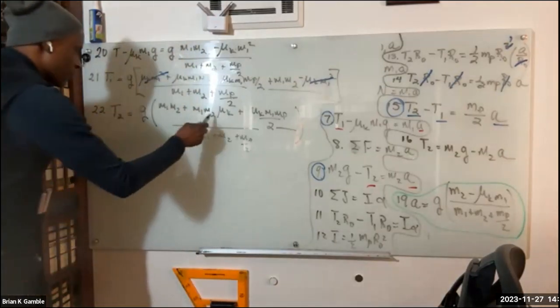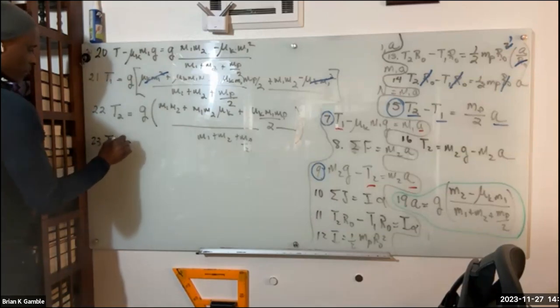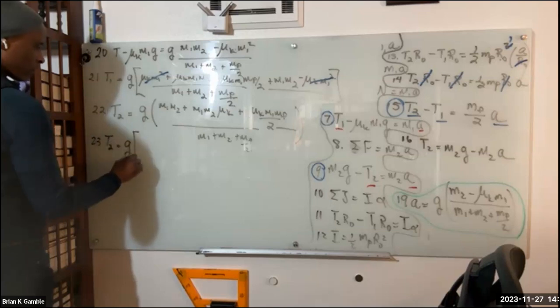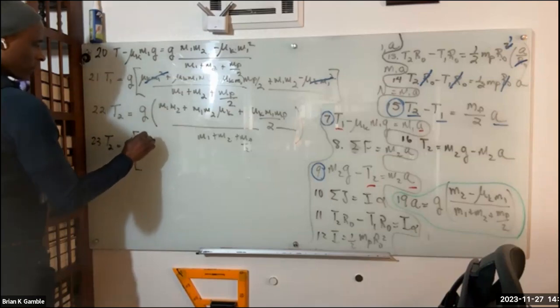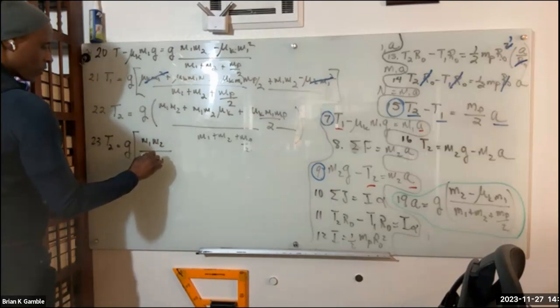Do it in steps and factor out an m1 times m2. Let's see what I can get this down to. So G, and I'll put that in brackets. We're going to have m1 m2 over m1 plus m2 plus mp over 2.